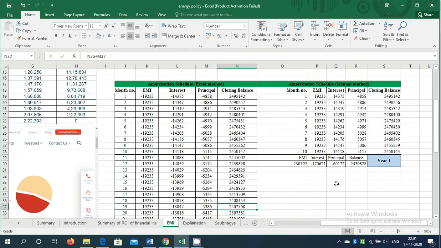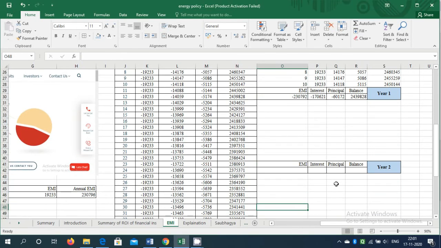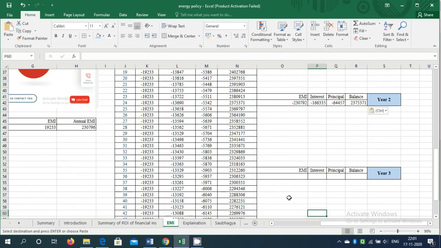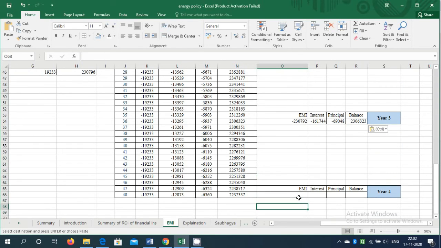Now after the calculation for the first year, I'll copy this particular cell and paste it over here. If you click over here, it will show. For year 3 also I'll paste it, and then for year 4 also I'll paste it over here.